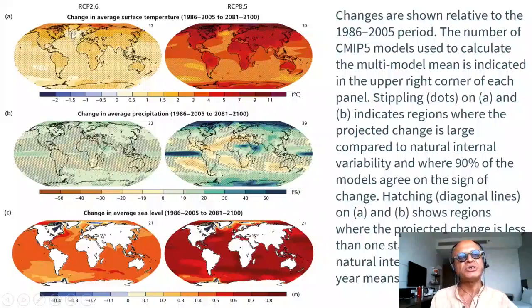this region, which should remind you of your knowledge of the thermohaline circulation, which also occurs here. So this is a region which shows even a negative change compared to the base period of 1986 to 2005, and here it shows a much weaker change compared to the rest of the world.